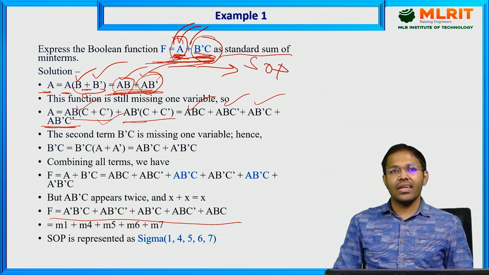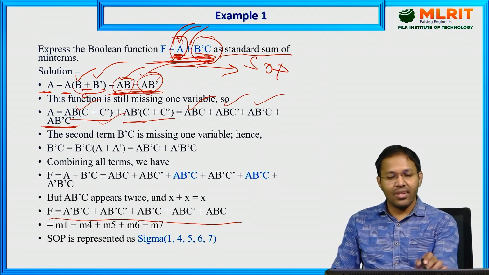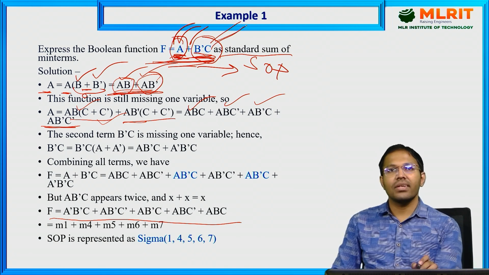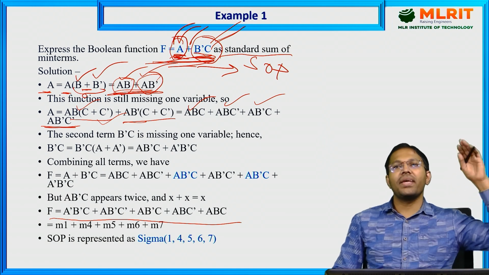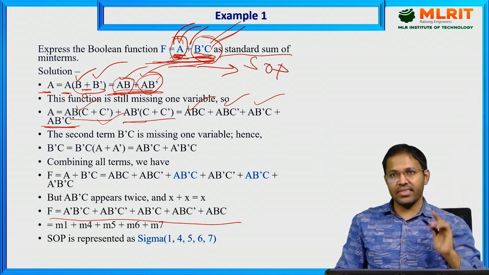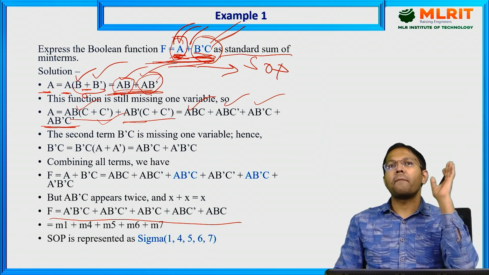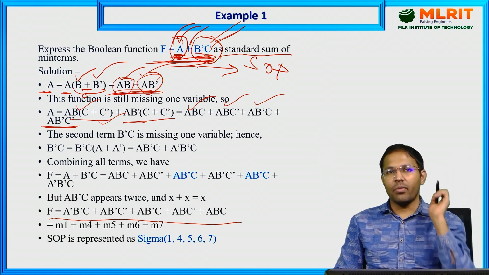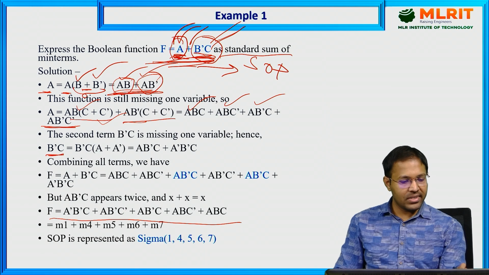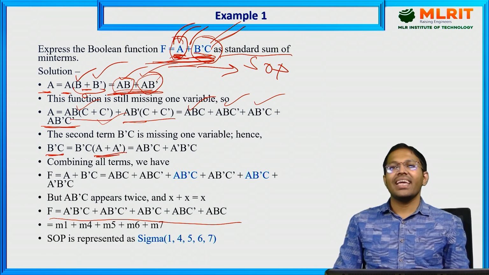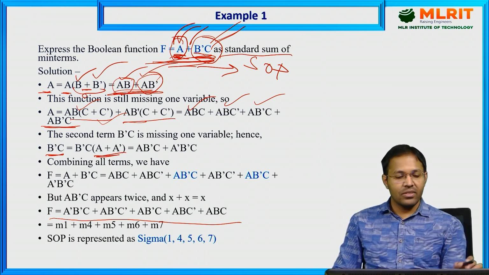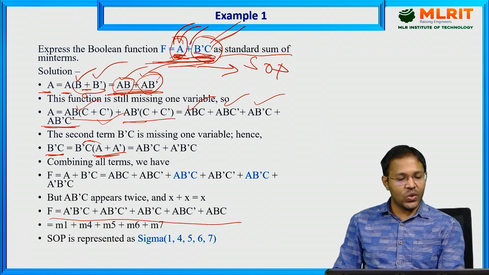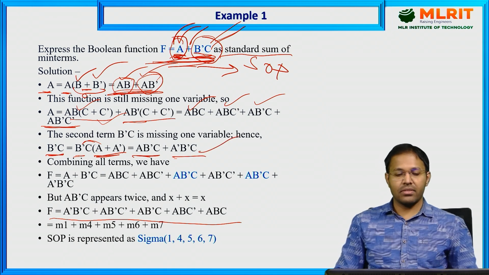Now here let us focus on the second term. Here in the given question, second term B complement C, A is missing. So what we need to do? Multiply B complement C with A plus A complement. So B complement C, we are multiplying it with A plus A complement. So first A into B complement C, then A complement, B complement C. We get the terms.